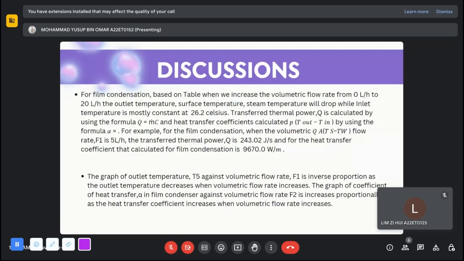And the heat transfer coefficient calculated for film condensation is 9670 watt per minute.